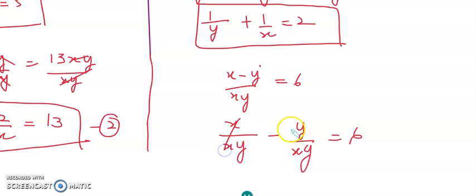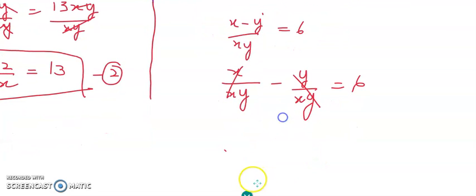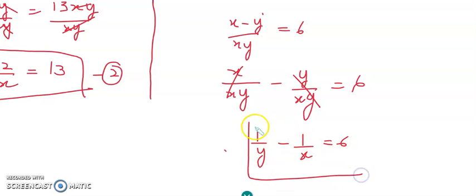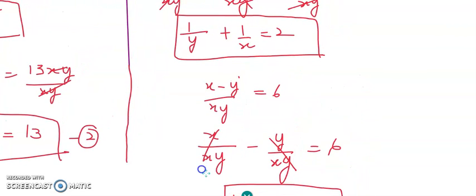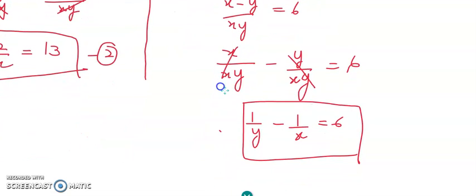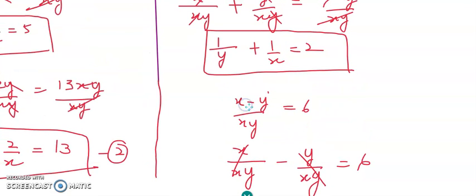Okay, x cancels, y cancels. So I end up having the equation as 1 upon y minus 1 upon x equals 6. Again, what are my two equations? 1 upon x plus 1 upon y equals 2, and 1 upon y minus 1 upon x equals 6. So you can do the substitution taking 1 upon x as a and 1 upon y as b, and you'll get your equations.